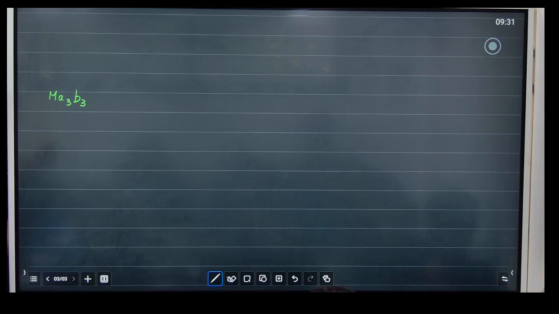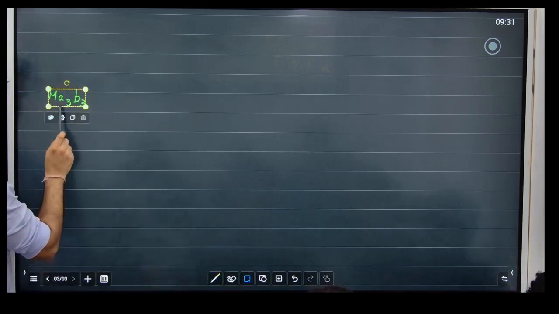Then B2C is going to become BCD. Now the A3, B3 combinations are done. What will be after that? MA2B2C2. Then next A2B2CD. Then A2BCDE. And the last one will be MABCDEF. We have to make the structure of all of these. Okay, quickly, we don't have time.